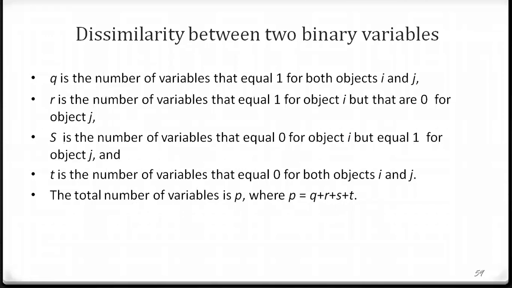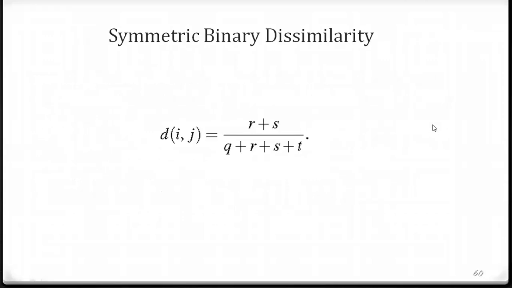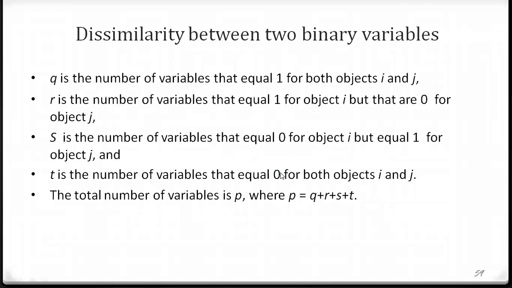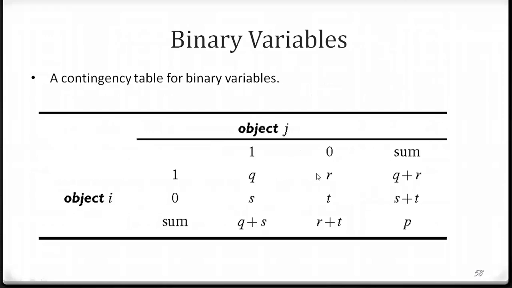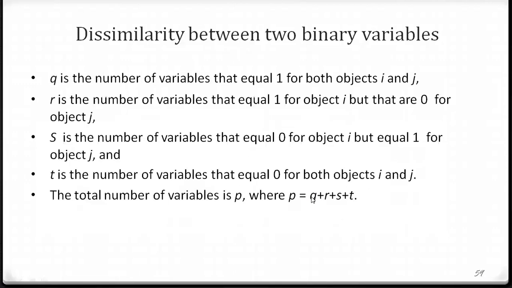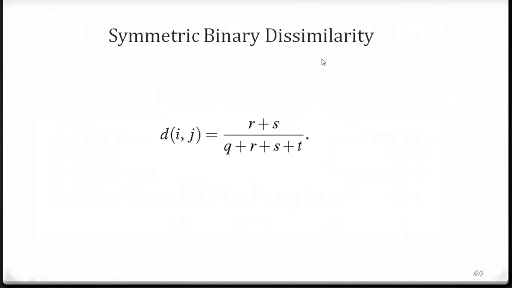That's how we can compute dissimilarity. The symmetric binary dissimilarity is r plus s divided by p. When you compute r plus s, I mean occurrences of 0 and 1, 1 and 0, that is your symmetric binary dissimilarity.